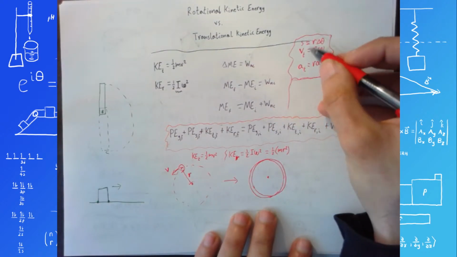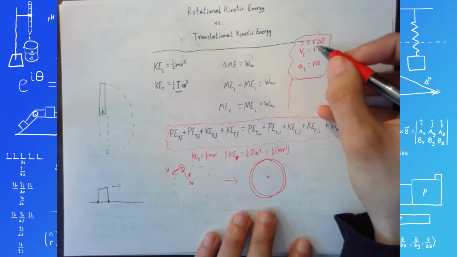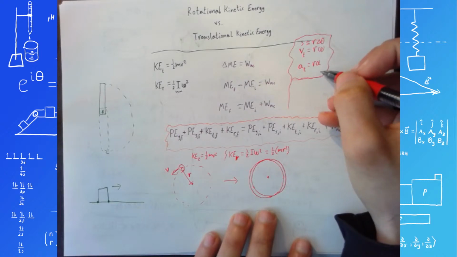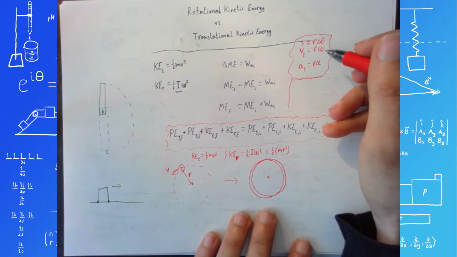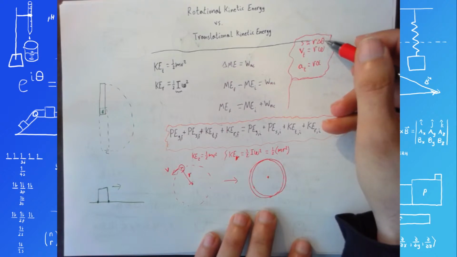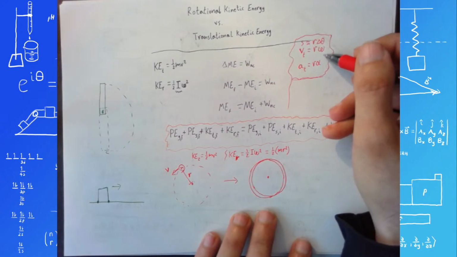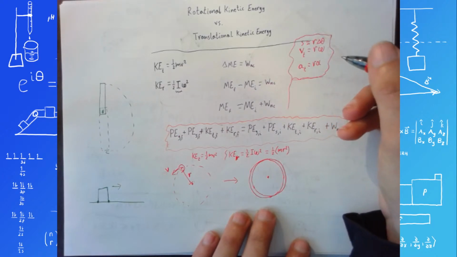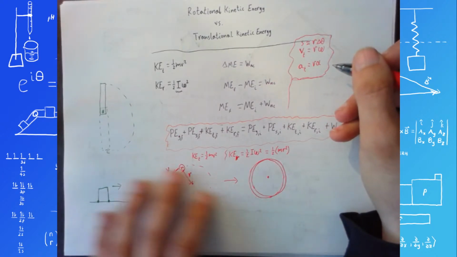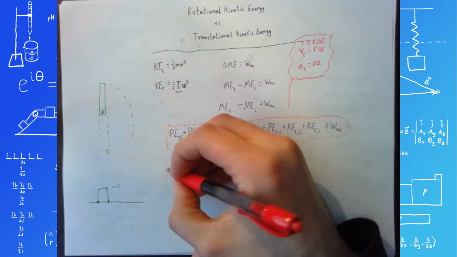Anyway, make sure you remember them. A lot of students forget them for some reason. I don't know why. They're pretty simple equations. All you have to do is multiply the rotational version of the thing with radius and you're good to go. You get the tangential version of the thing.